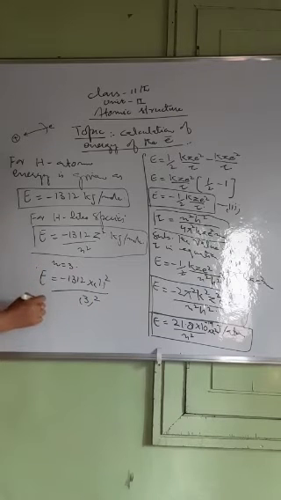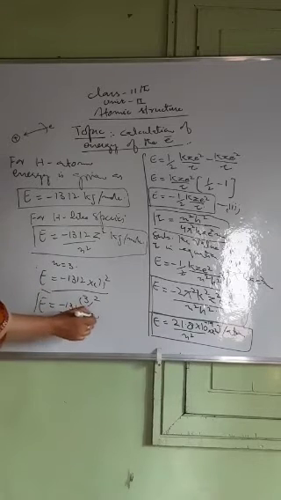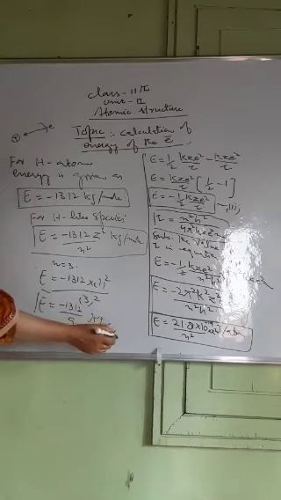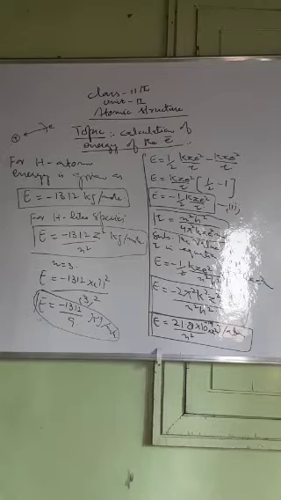So the energy of the electron is minus 1312 divided by 9 kilojoule per mole. This is the energy of the electron in case of the hydrogen atom and the hydrogen-like species.